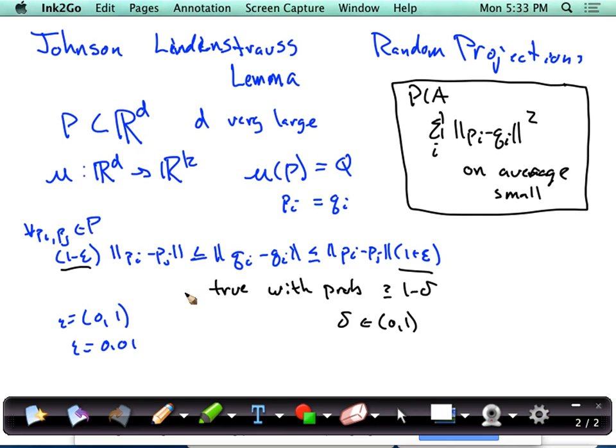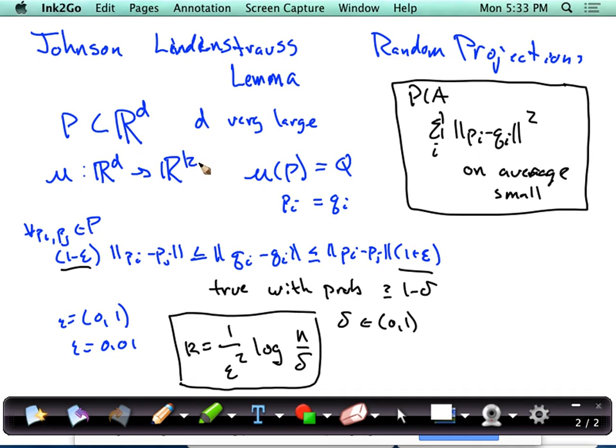In order to get this to work, we need to use k equal to roughly 1 over epsilon squared times log of n over delta. Okay, we're going to get this bound on the size of the subspace. So that's the k right here. We're going to go down to a smaller dimensional subspace, but we need this many dimensions to get this guarantee to work.